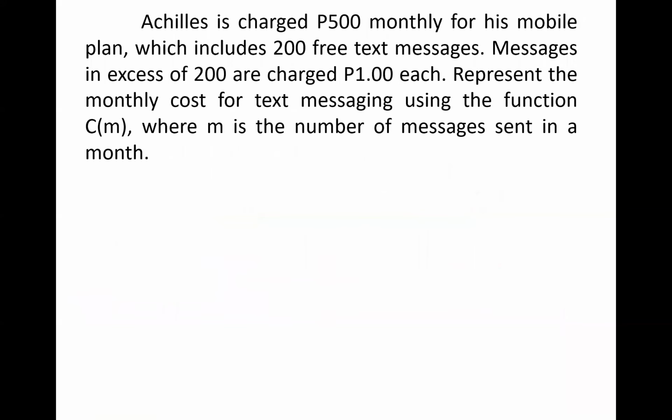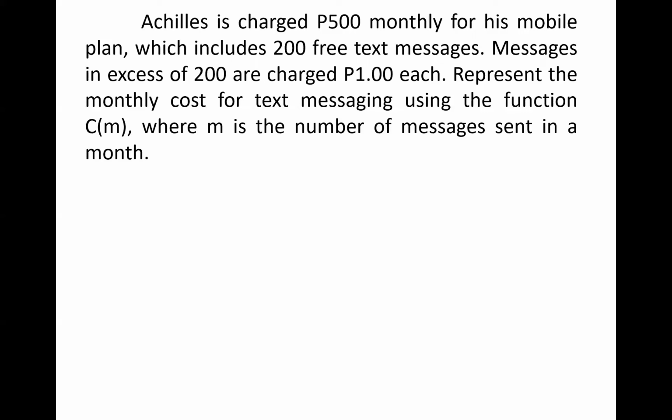Achilles is charged 500 pesos monthly for his mobile plan, which includes 200 free text messages. Messages in excess of 200 are charged 1 peso each. Represent the monthly costs for text messaging using the function f of M, where M is the number of messages sent in a month.